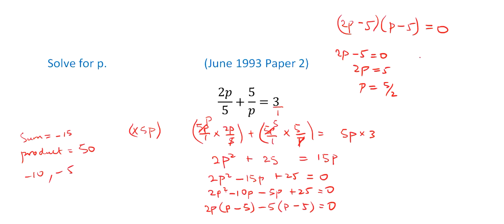But we can also have p minus 5 equal to 0, therefore p is equal to 5. So we end up with two solutions here for p: p is equal to 5 over 2, or 2.5, and p is also equal to 5.